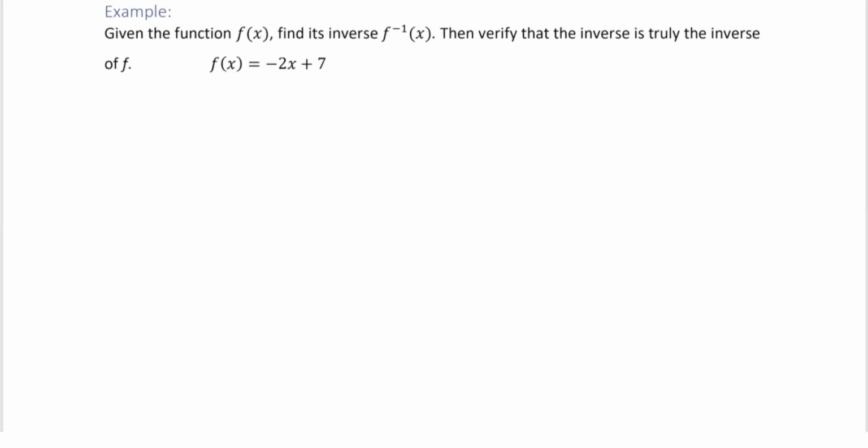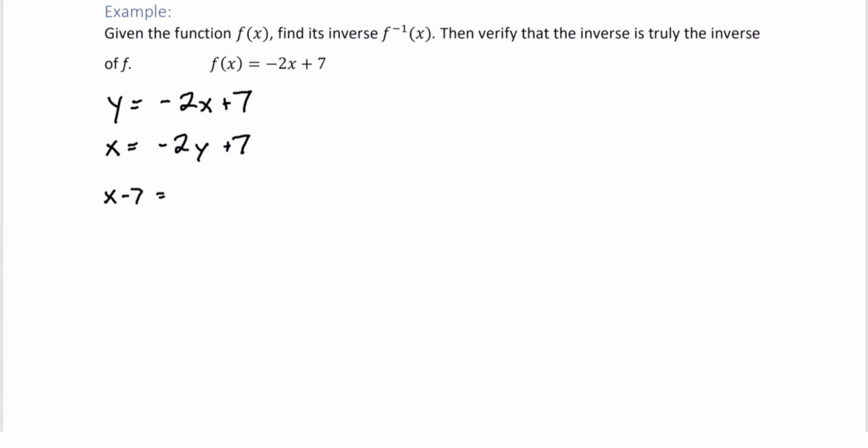Step 1. To find the inverse, we first replace f of x with y. Next, we switch the x's and y's. So the y we will replace with x, and the x we replace with y. Next, we isolate the y, get y by itself. Start by subtracting 7.